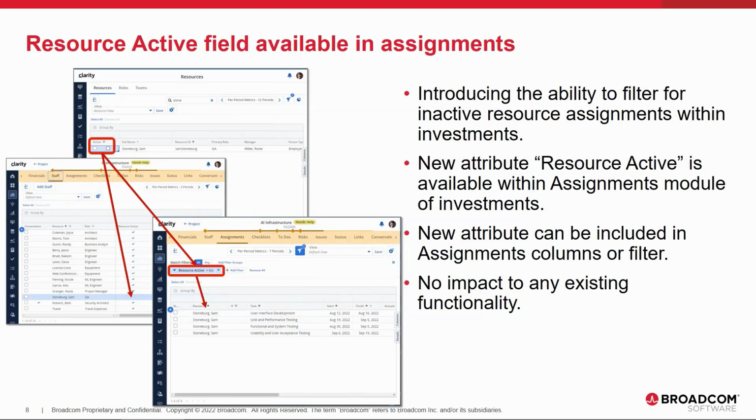As a result of that, we are now introducing a new attribute called resource active in the assignment module of investments. This attribute can be included in the grid layout, as well as used for filtering which specific assignments have a resource that has been inactivated.